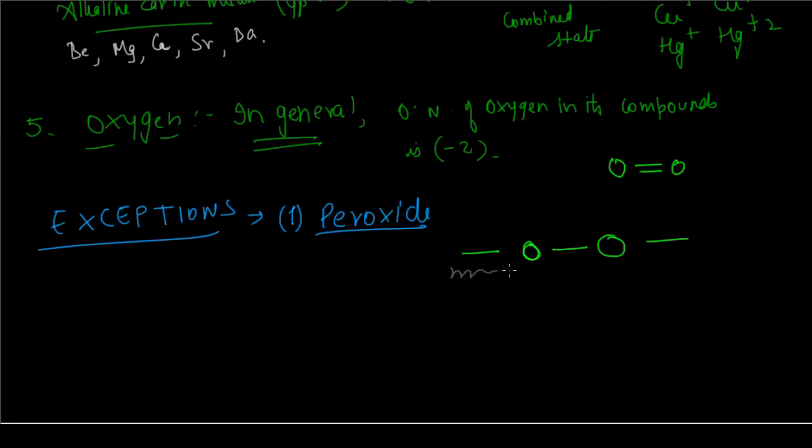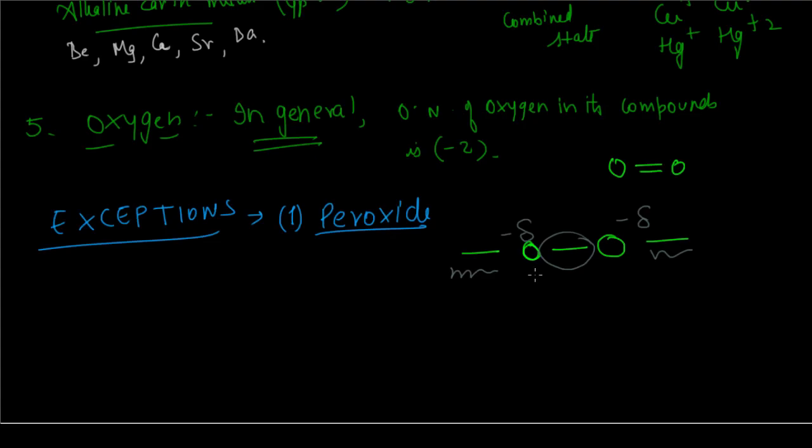These other bonds make them acquire partial negative charges, one unit each, because the central bond does not provide any polarity to either atom, since it is a non-polar bond.